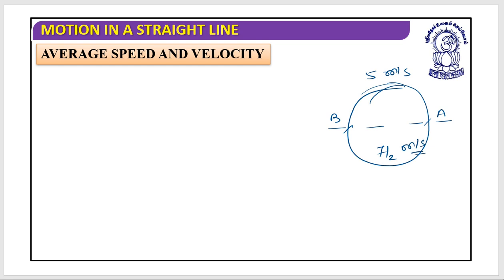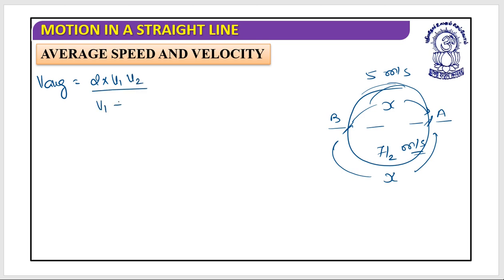Now you need to find out the V average. Look at this: A to B is distance x, and this is again distance x. So when you need to calculate V average, you can do it like this: 2 v1 v2 divided by v1 plus v2. This is 2 multiplied by 5 multiplied by 7 by 2, divided by 5 plus 7 by 2.